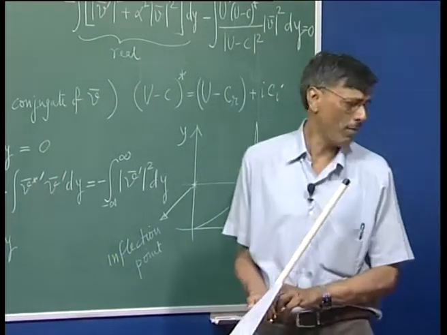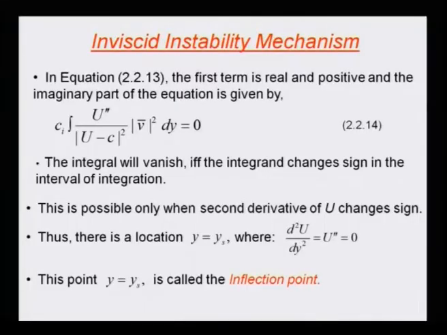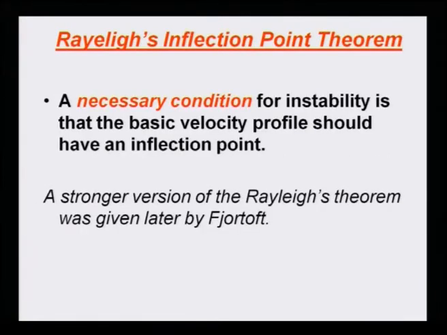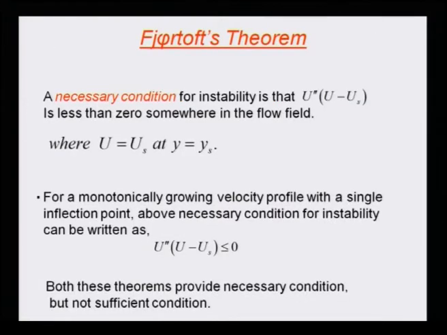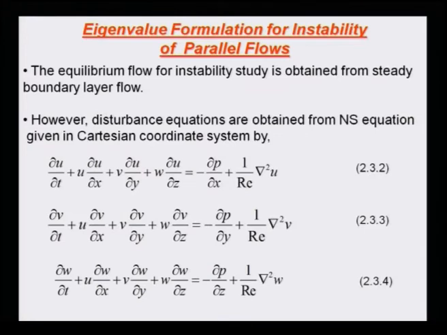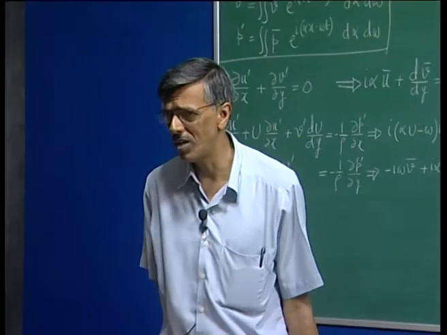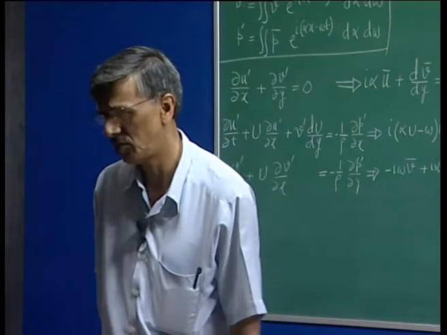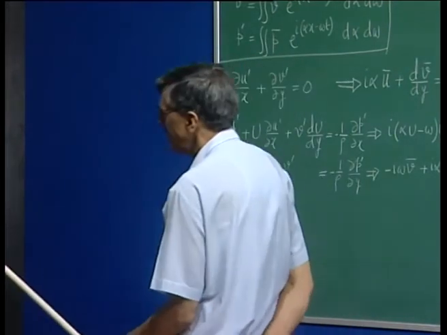So what happens is that this allowed Rayleigh to draw a very far reaching conclusion, which he enunciated as a theorem, which is called Rayleigh's inflection point theorem, which states a very simple observation that we have discussed so far, that if I want to get an unstable solution, that means C i non-zero, then what do I need?